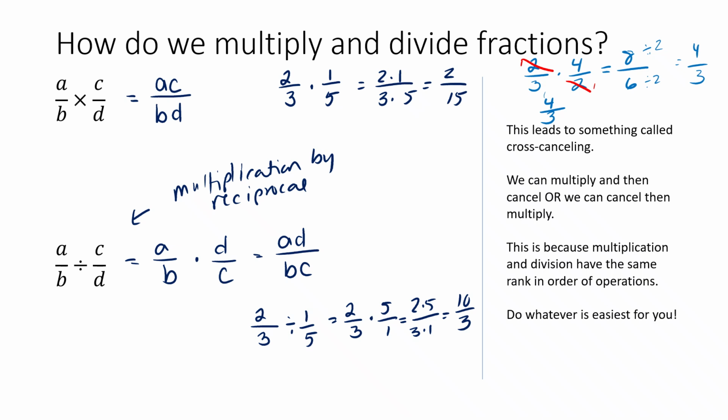Sometimes this is called cross canceling, where you're canceling anything anywhere in the numerators of any of the fractions being multiplied with any denominator. As long as it's in a numerator and denominator, it doesn't matter which fraction it's in, because once you multiply them, they're all going to end up together anyway. I never really thought of this as being something separate or different.